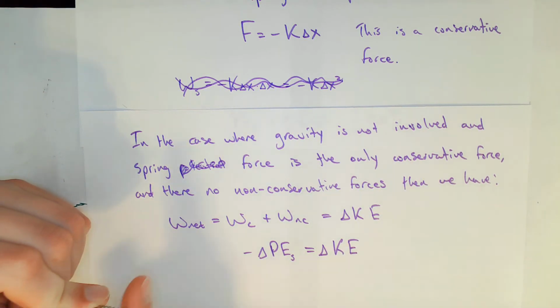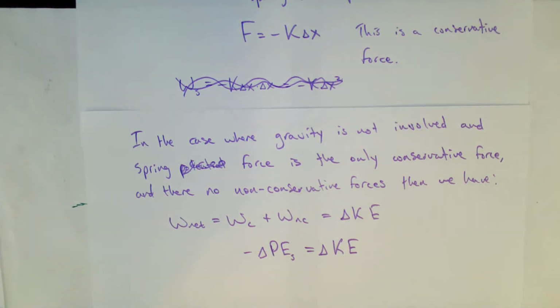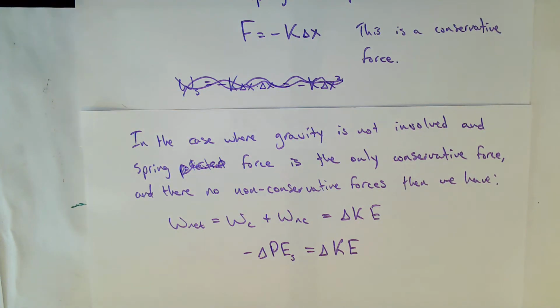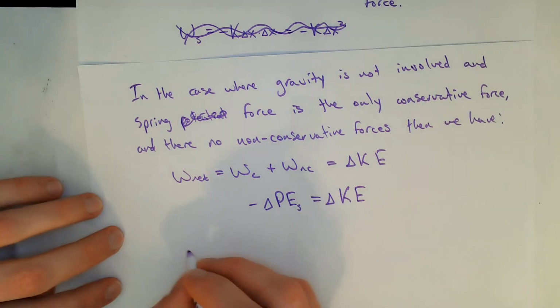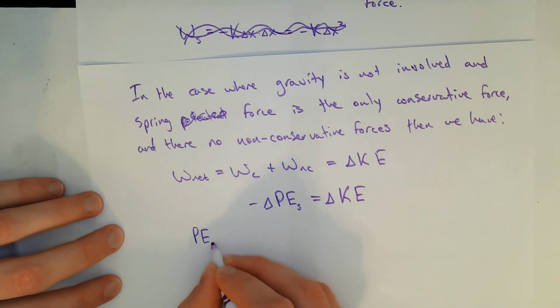It tries to get back to equilibrium. So it's the same idea where you've got to introduce a minus sign just like gravity, but for a different reason. If I expand this out, I get this formula. It's exactly like the gravity formula.